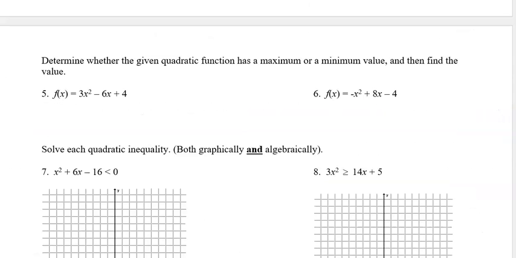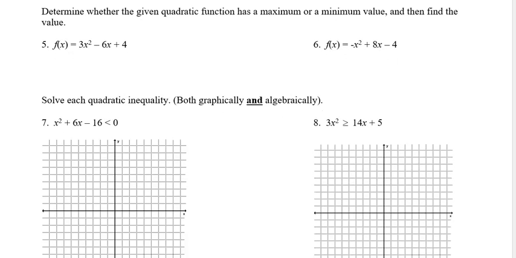All right, moving right along to numbers 5 and 6. Do these have a maximum or a minimum? So number 5 is going to have a minimum because this parabola opens up, which means the vertex is at the very bottom. And so now it's just a matter of finding the vertex. And the answer to the value is going to be the y-coordinate of the vertex. So if you want to do the opposite of b over 2a, it would look like this.